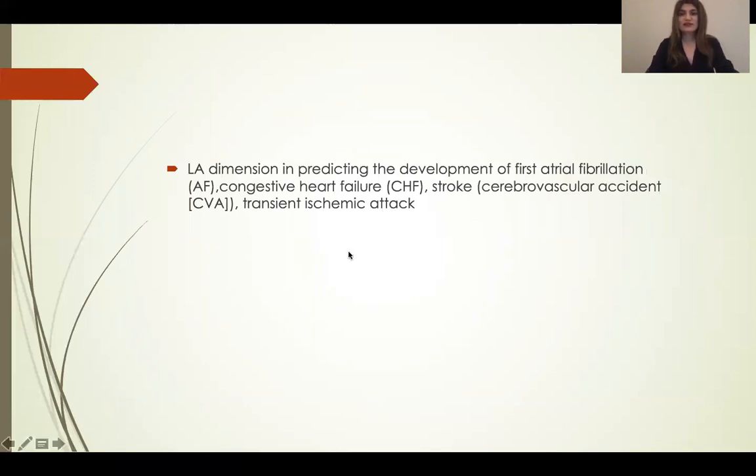Left atrial dimensions are important in predicting development of atrial fibrillation, and in congestive heart failure patients, stroke patients, and transient ischemic attack.